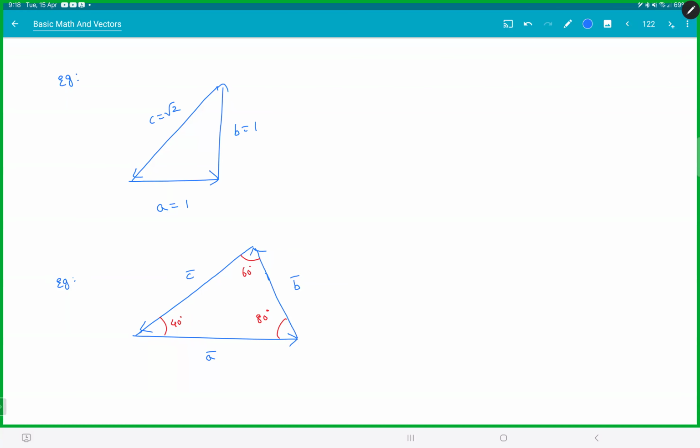Let's see. Listen again, in case you're getting confused. This is A bar, na? Let me color them. So I will put A bar here. This is B bar, right? I will shift it to the left. This is C bar, na? I will just push this down.